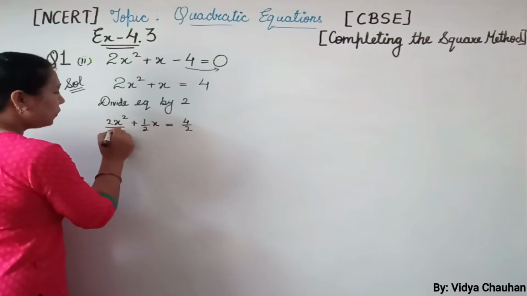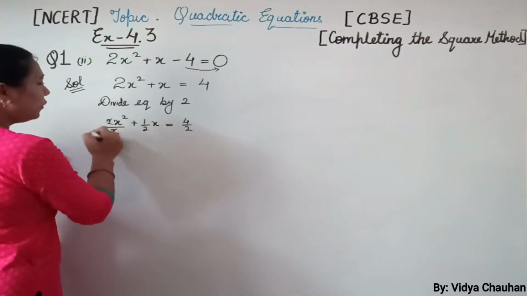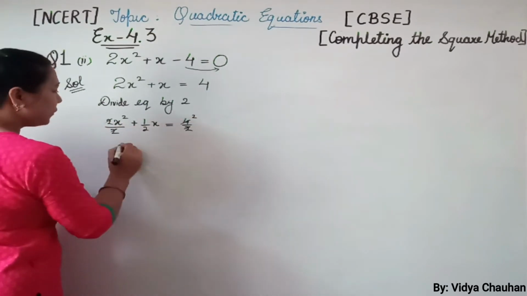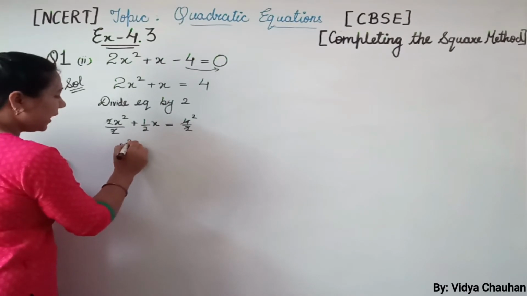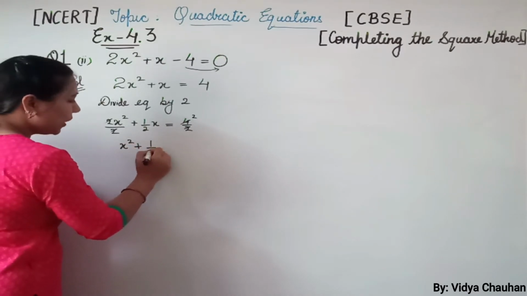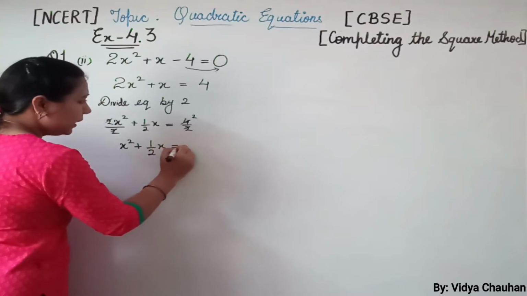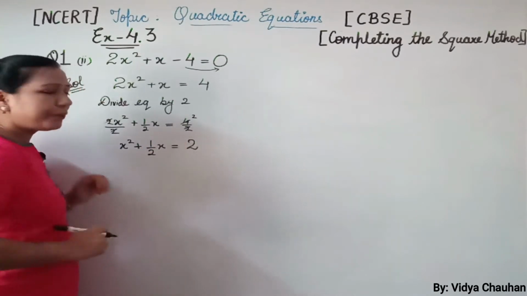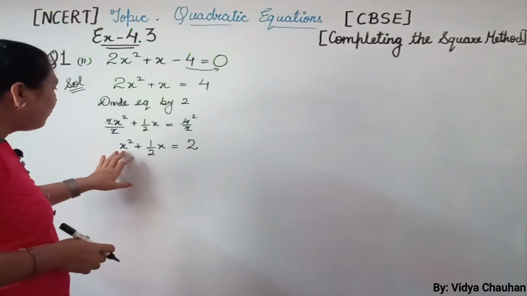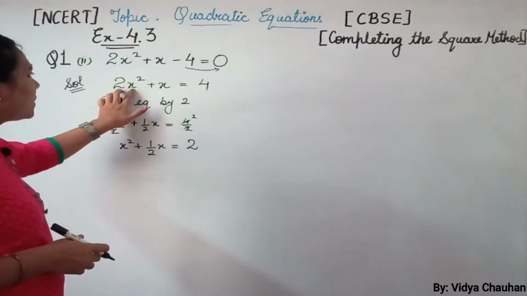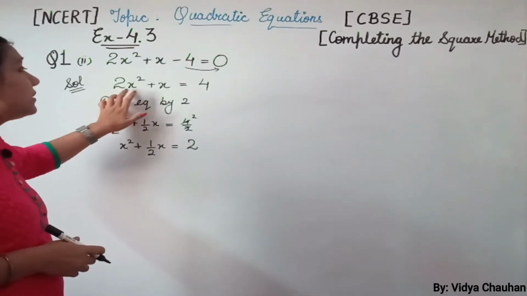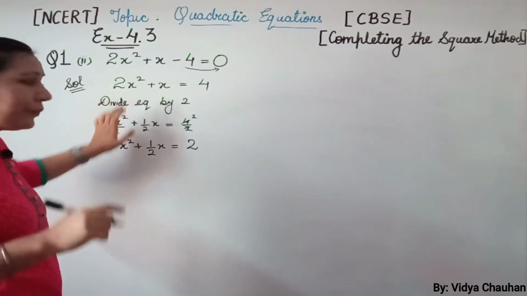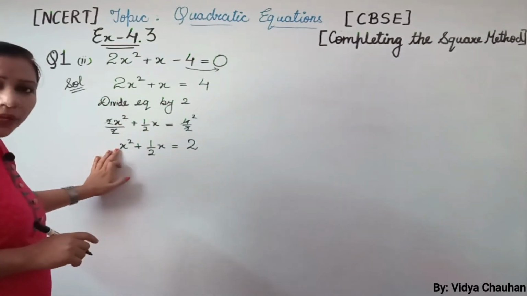Basically here it was 2 upon 2, so the 2 and 2 cancelled out, and 2 2s are 4. So our new equation is x square plus 1 upon 2x equals 2. Correct? We have made this because we want our first term with coefficient 1. So I made this coefficient as 1.